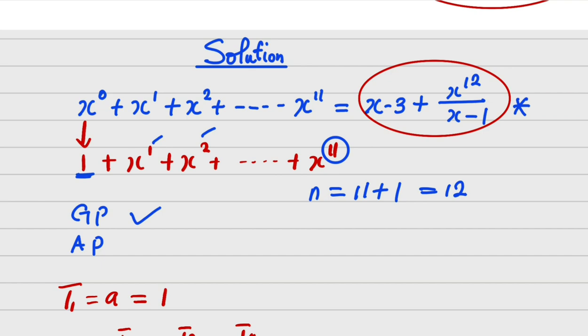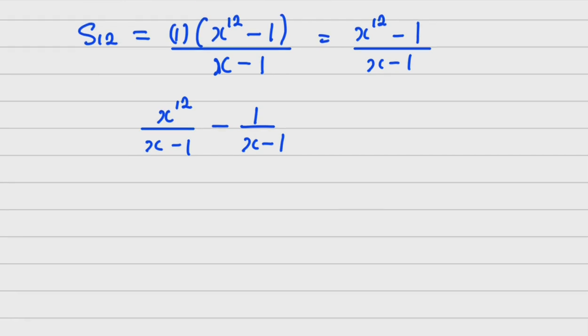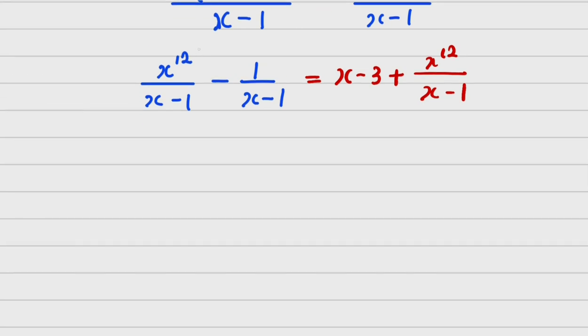So I will now go back and put in the value, or I'll equate it so that this will now be equals to x minus 3, then plus x raised to power 12 all over x minus 1. Now, having this, clearly you can see that once I collect like terms, this will go with this. So what I'm going to be left with will be minus 1 over x minus 1 is equals to x minus 3.